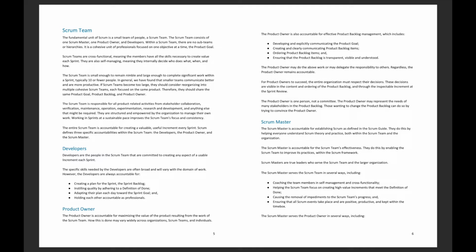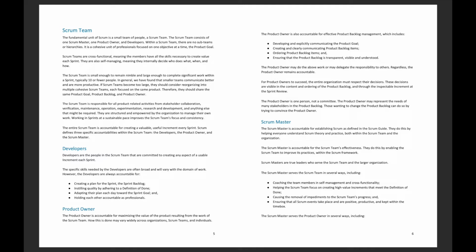Product owner. The product owner is accountable for maximizing the value of the product resulting from the work of the Scrum team. How this is done may vary widely across organizations, Scrum teams, and individuals.